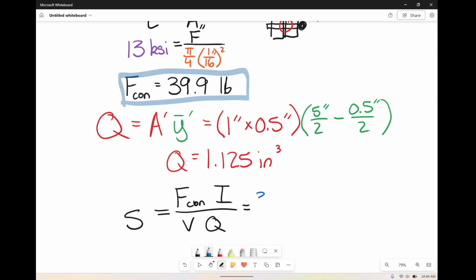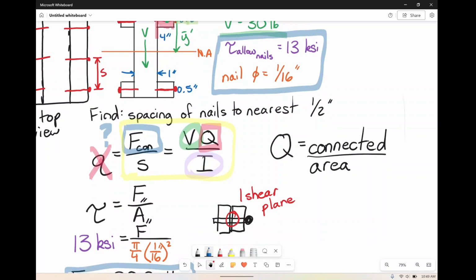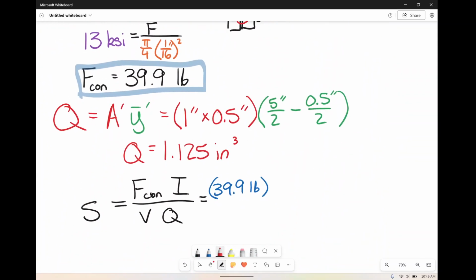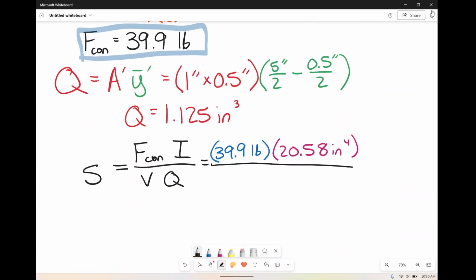We solved for that. We said 39.9 pounds. Then I was given to us, I up here at the top, 20.58 inches to the fourth. And then divided by V, they gave us a shear force, right? They said 30 pounds for our shear force up there.